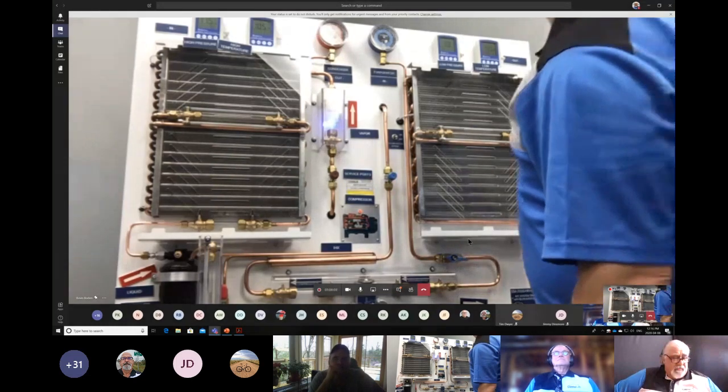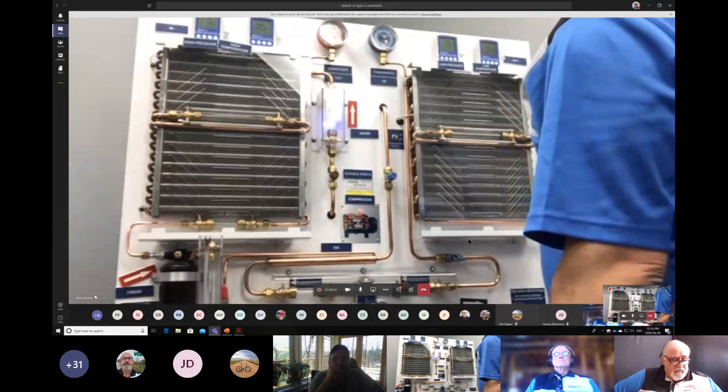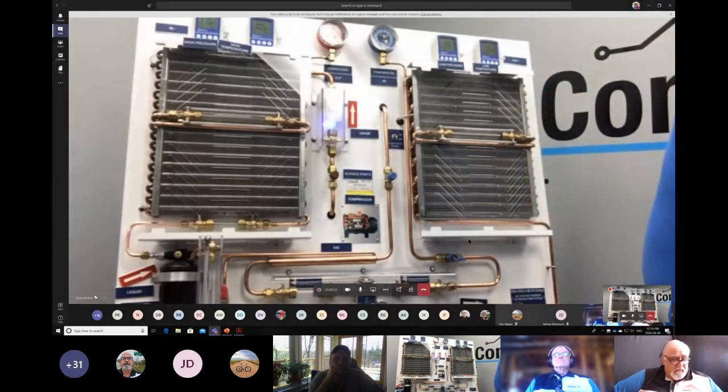Okay, low side pressure is around 34 and temperature coming out of the evaporator is at 43. So the 34 PSI will translate over to around 35 degrees. That's your saturation temperature.